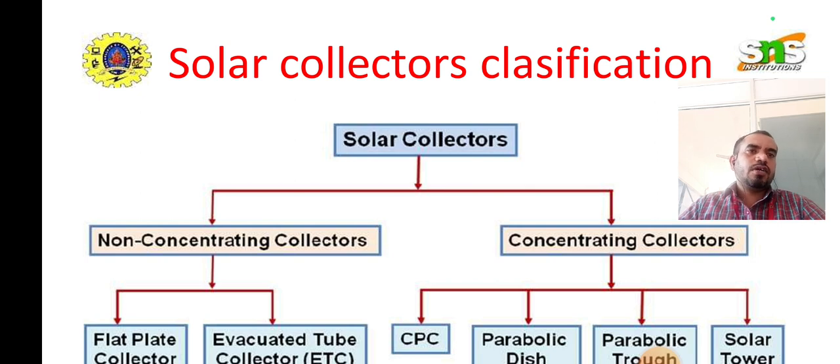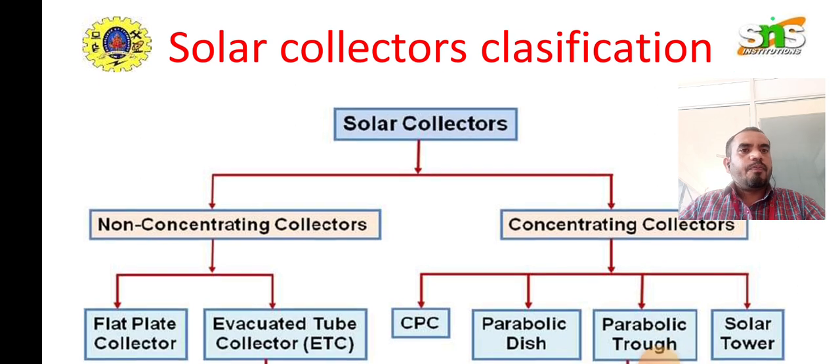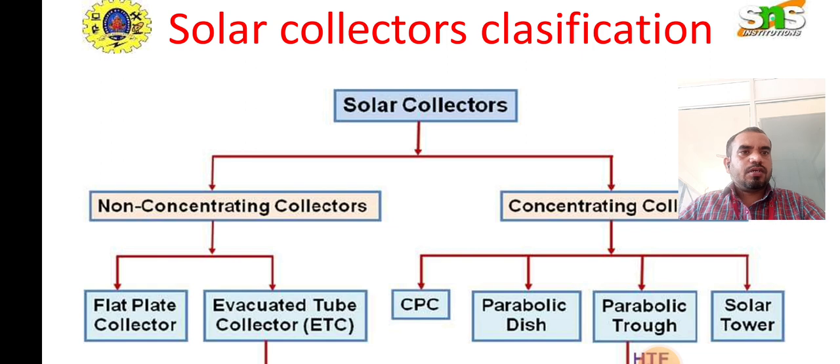So the efficiency of the concentrating collector is much higher. The concentrating collectors are further classified into CPC, parabolic dish, parabolic trough, and solar tower. These are the four major categories of concentrating collectors.